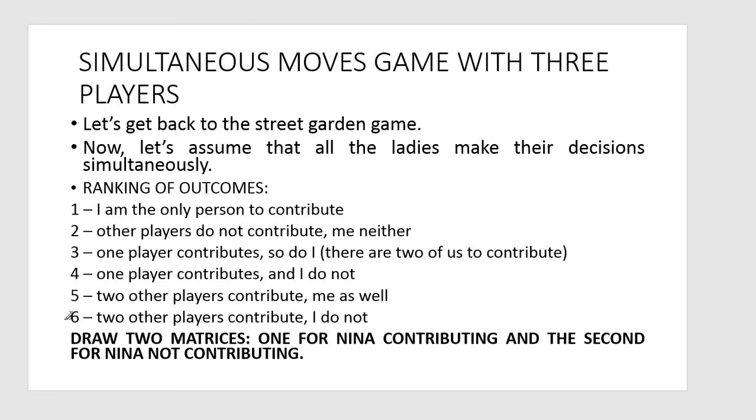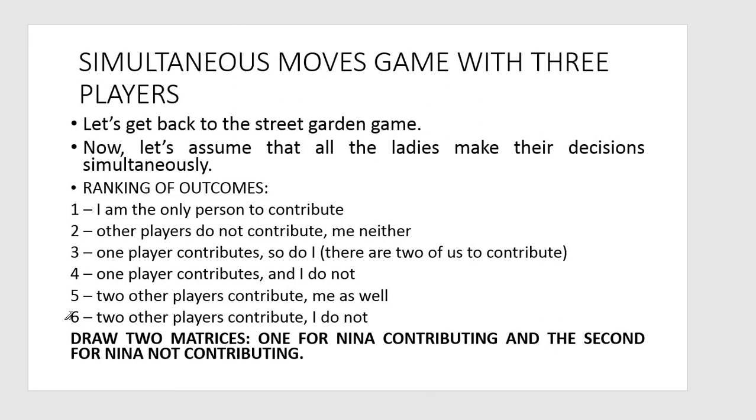So in order to solve this game, because normally for 3 players it will require drawing a 3-dimensional table, which would be a complicated task, but we can apply another trick. So for Nina, let's say for Nina, it does not really matter. You can do the same for Emily or Talia. It's up to you.